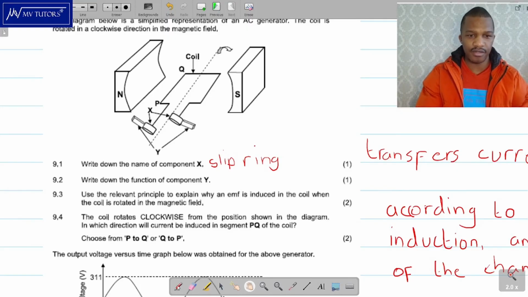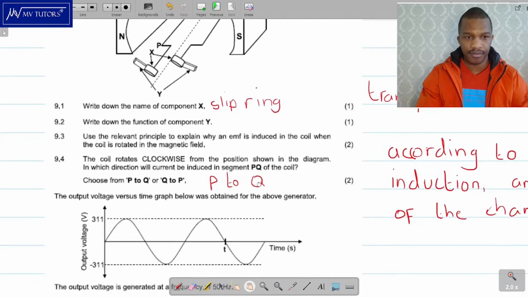My answer is P to Q. Simple as that. Okay, let's go to the next question then.